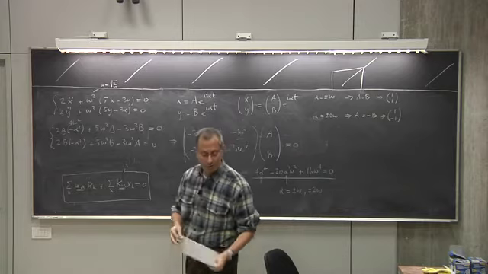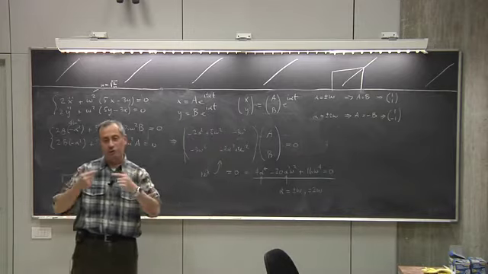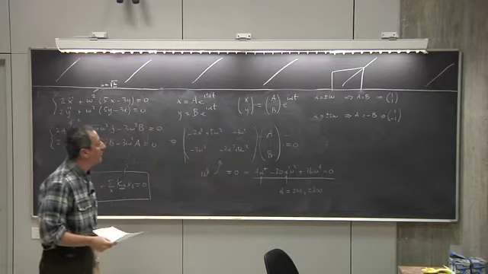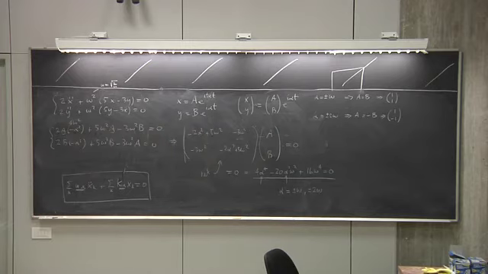Eigenvectors are important because they tell you how the system is going to move, because when you write in terms of normal coordinates, those are going to be the eigenvectors. The first solution tells you that x and y move in the same direction. So they oscillate like this, or like this. And the other one is that x and y oscillate in the opposite direction because the eigenvector has opposite components. So that is your key to visualize the solution, as we will see in a second.